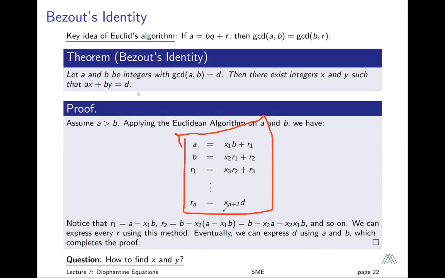R2 is equal to b minus x2 times (a minus x1b), which is equal to a bunch of a's and b's added together. And we can express R2, R3, R4, all the way down to Rn, and then also d using a and b. So eventually we can express d as something times a plus or minus something times b, which equals d. And that completes the proof.